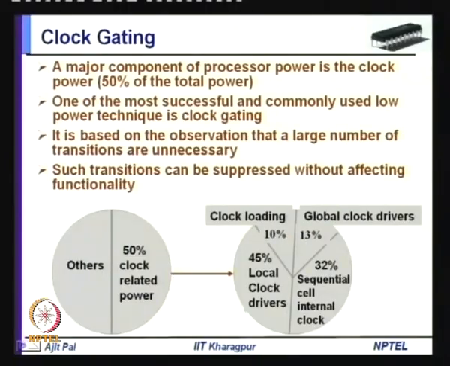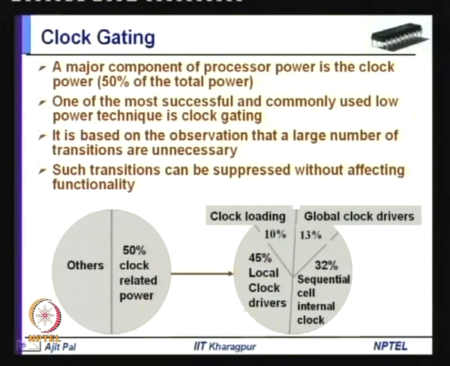In such situations they can be shut off. That means such unnecessary transitions can be suppressed without affecting the functionality. This is the key idea of clock gating. You have to stop the clock to different parts of the circuit without affecting the functionality, and how it can be done we shall discuss today.